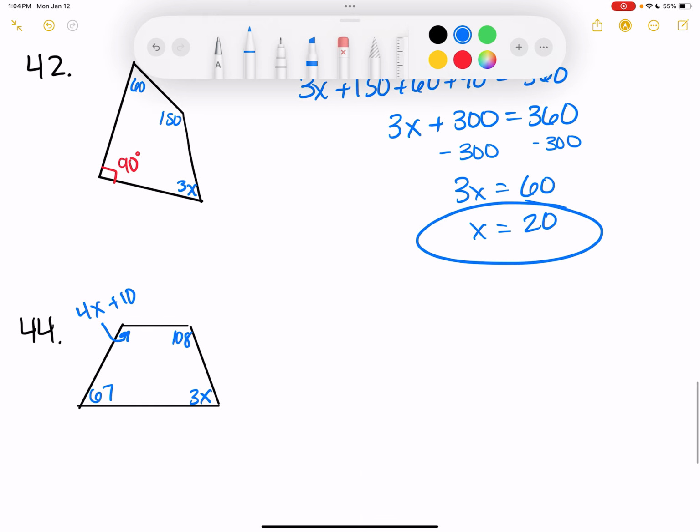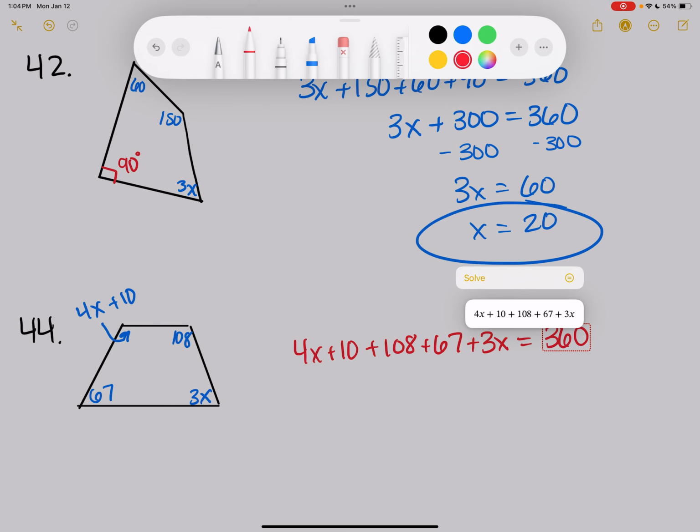All right, so what should I do with this one? 4x plus 10 plus 108 plus 67 plus 3x is equal to 360. Yep.